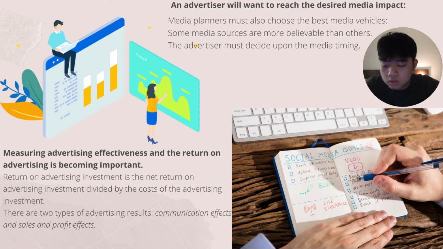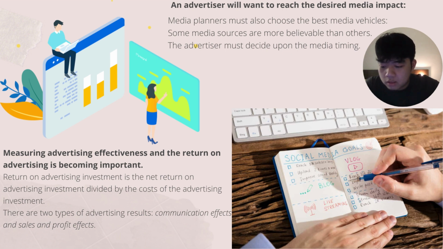Some media sources are more believable than others. Finally, the advertisers must decide upon the media timing. Continuity means scheduling ads evenly within a given period, while pulsing means scheduling ads unevenly over a given time period.